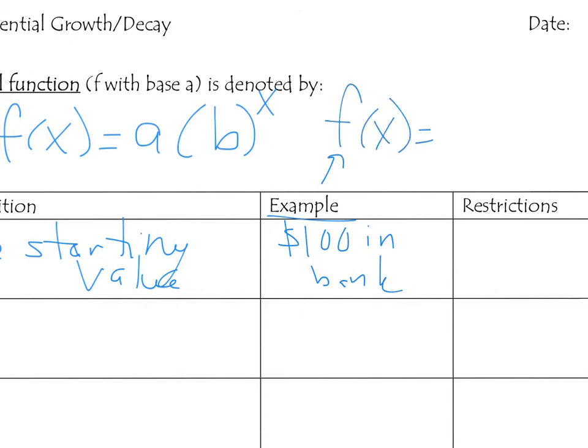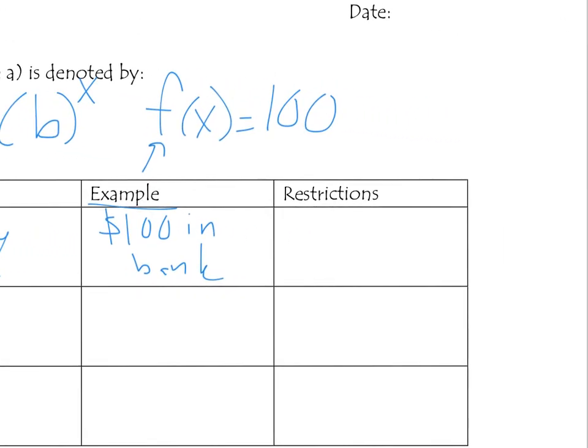You would start off with that 100. Okay, and since you're multiplying it here, for it to work out, it has to be any number except 0. So a is not allowed to equal 0.